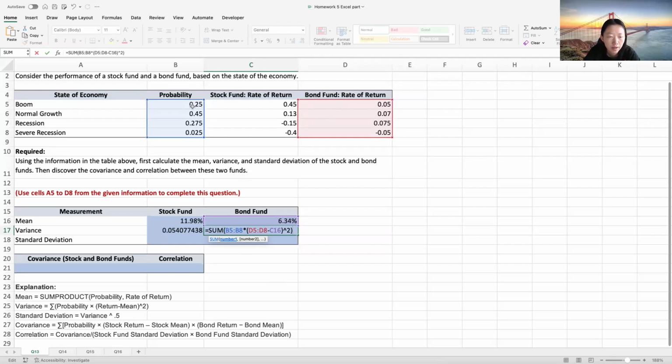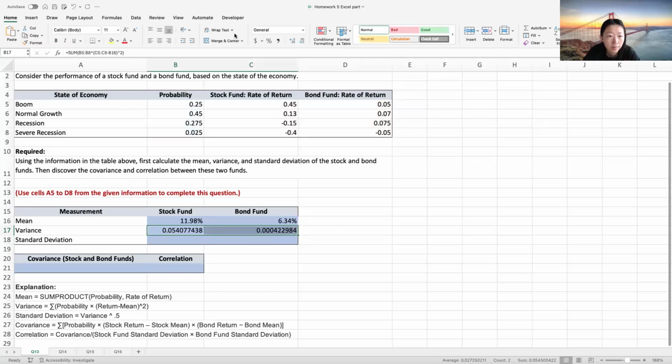So using the 0.25 times the square deviation from mean, and 0.45 times the square deviation from mean for the second row. And then the sum will be taking the sum of 4 different numbers, because there are 4 different rows. So that will combine our different steps in different columns into one single formula, and that looks more elegant.